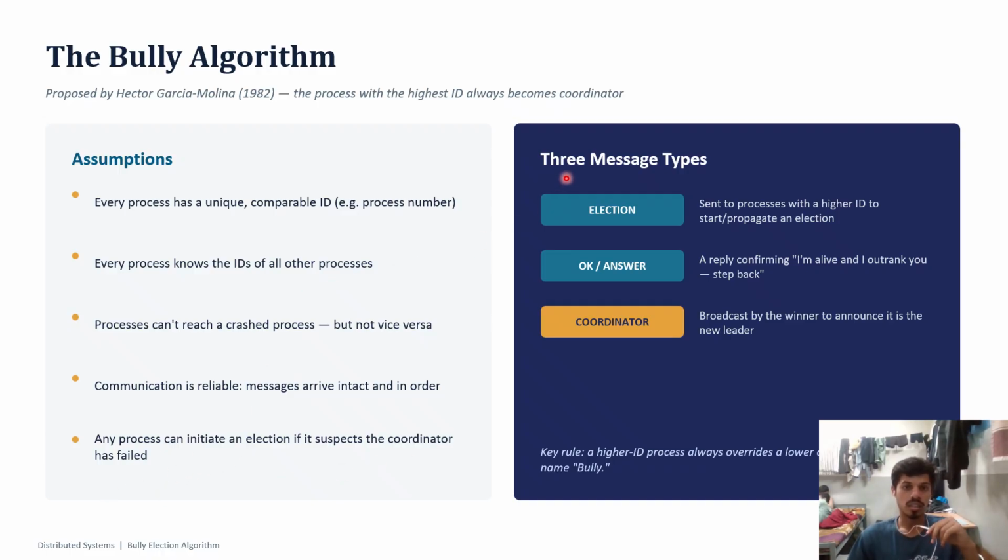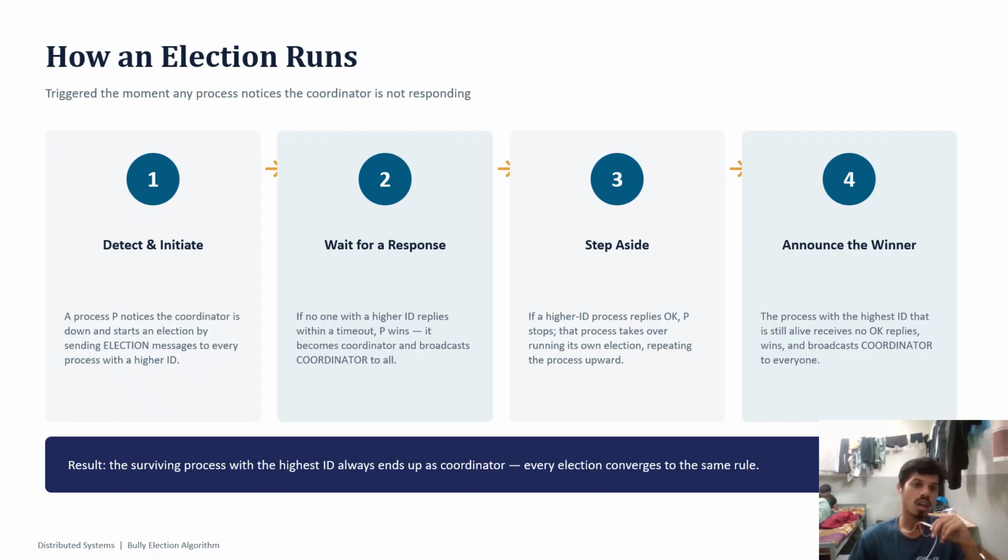There are three message types: election, OK (answer), and coordinator. Election is sent to processes with a higher ID to start or propagate an election. OK is the reply confirmation: I'm alive and I outrank you, so step back. And coordinator is the broadcast by the winner to announce it is the new leader.